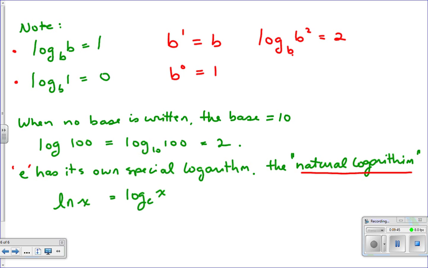So ln of x would be equal to log base e of x. You'll actually never see a log written with the base e, it's always written ln of x. Okay, so it's pronounced ln of x. Okay, so that's an introduction to logarithms.